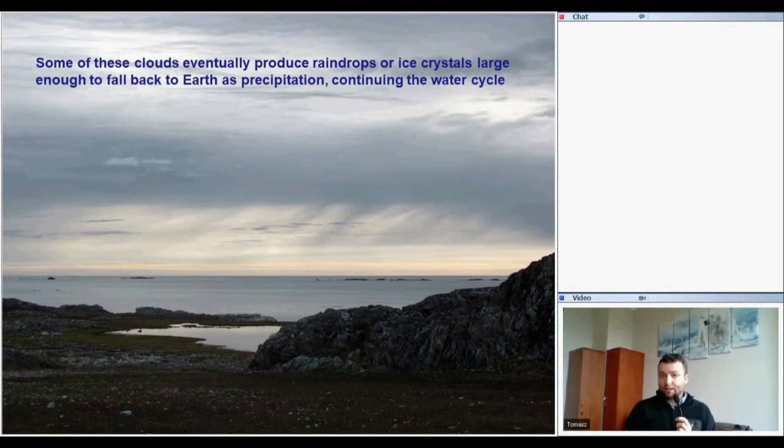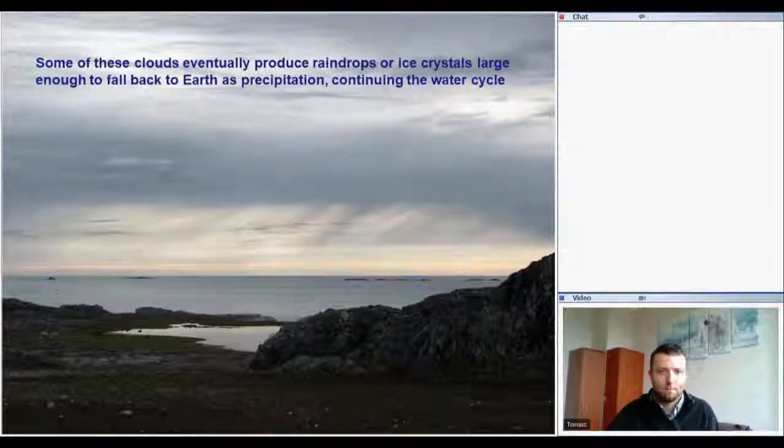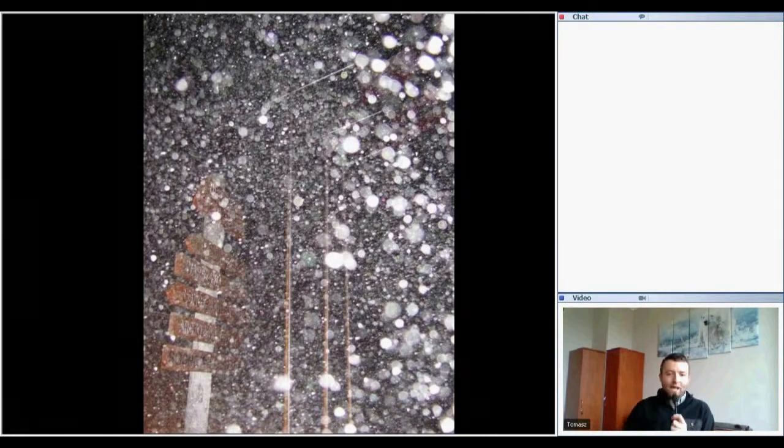They can form raindrops or ice crystals. If they are large enough, they fall back to the Earth's surface as precipitation. And that's the continuation of the water cycle. So water vapor that was in the atmosphere comes back to the Earth, for example, as snowfall.